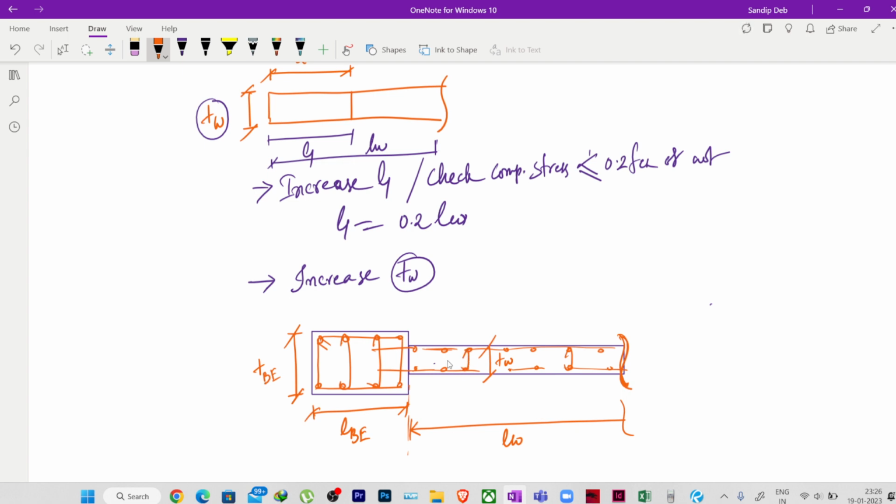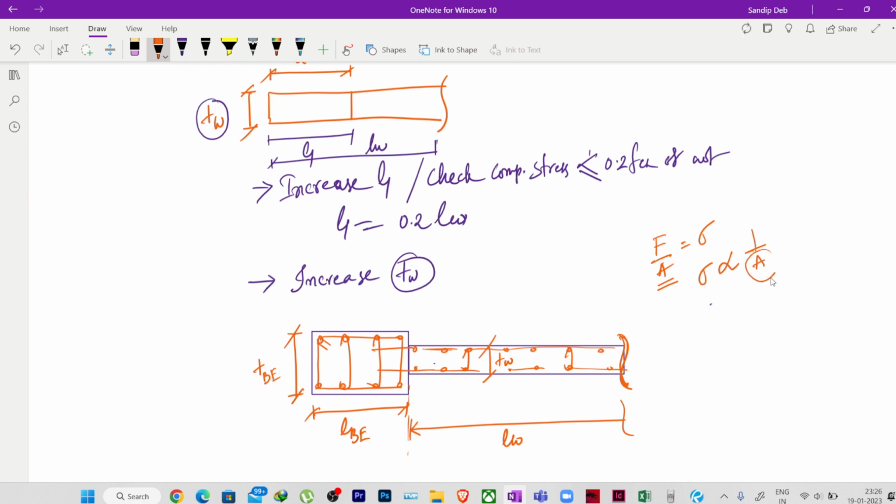Okay, so when we are increasing the dimensions, both thickness and length, as the area of the boundary element is increasing, obviously the stress will be decreasing, because we know force by area equals stress. The stress is inversely proportional to area.